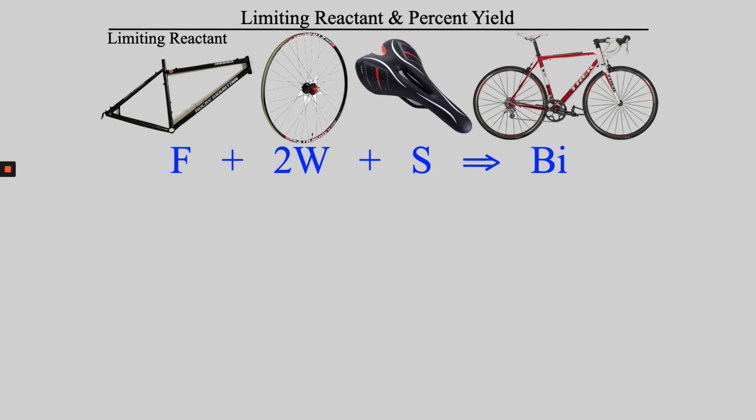And in front of you are just crates of bike parts. And in those, you've got 120 pounds of frames, you've got 100 pounds of wheels, and you've got 50 pounds of seats. Here's the question. How many bicycles can you build? Or what information would you need to figure it out?